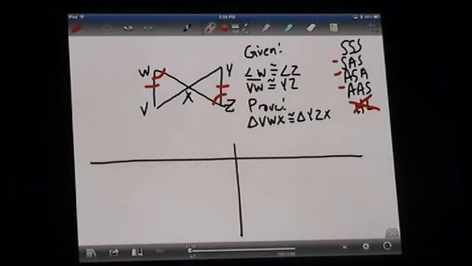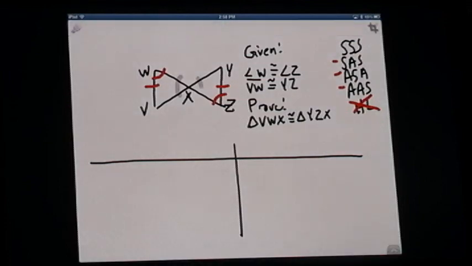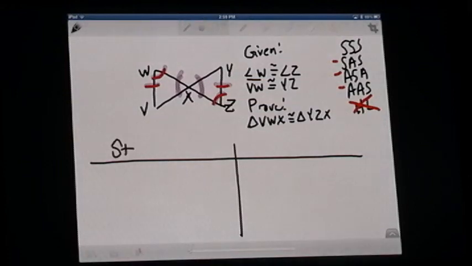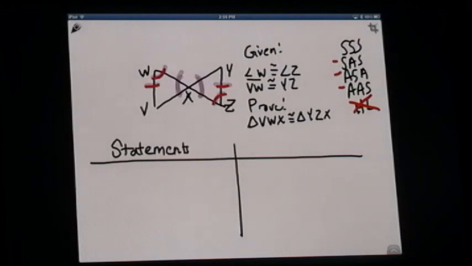We have an angle and a side, so that means any of these three could be our answer. And then we have to say, well, what do we know looking at the figure? Well, the only thing else that we know is that the vertical angles are congruent. Vertical angles being congruent, then I have angle, angle, side. So that's how I'm going to prove this one. Statements and reasons.